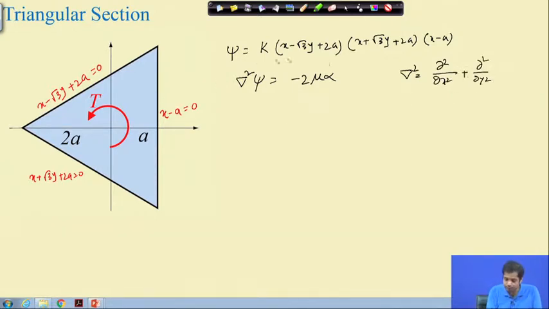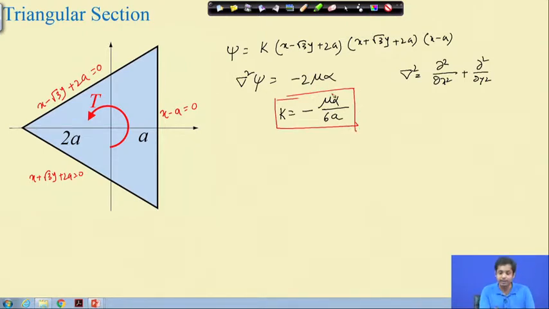Now, if we substitute psi in this expression and calculate the value of k, you can do this exercise, I am just writing the final expression, k will be minus mu alpha by 6a. So, this is the expression for the constant k.